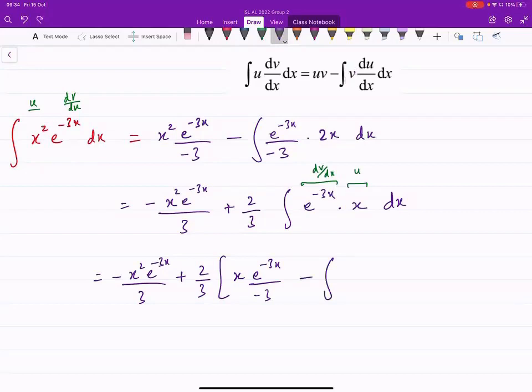What is v? Again, that's e raised to power -3x over 3 into du over dx. And now u is x, so the derivative of x is going to be 1. This is what we get. Is that okay?